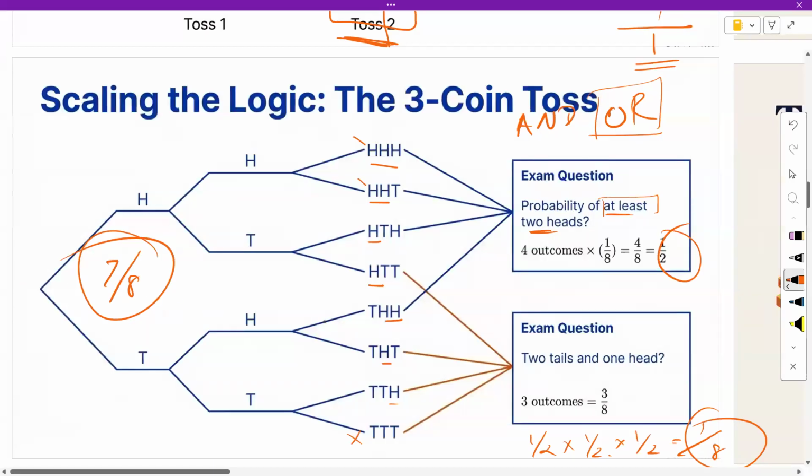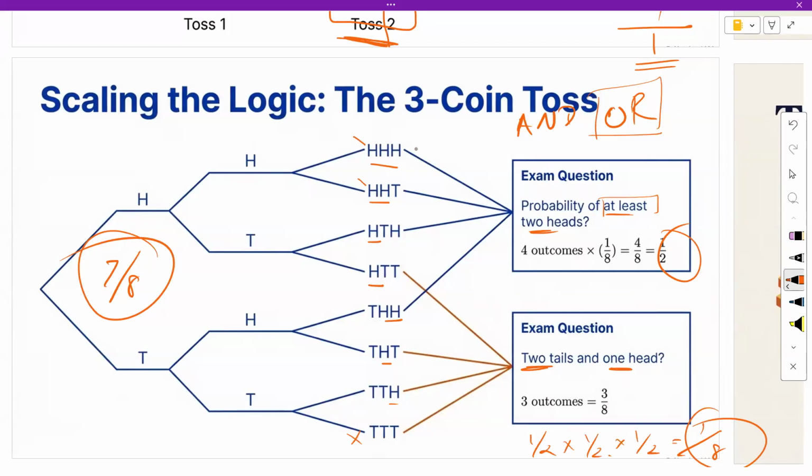Now to win the game, I need to get 2 tails and 1 head, in any manner, in any combination, but in the 3 tosses I have to get 2 tails and 1 head.